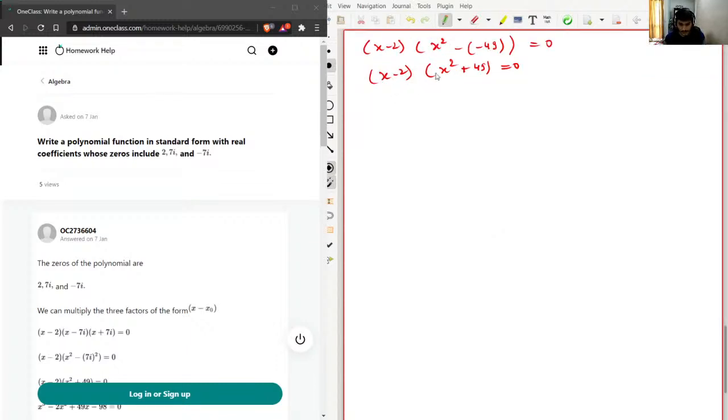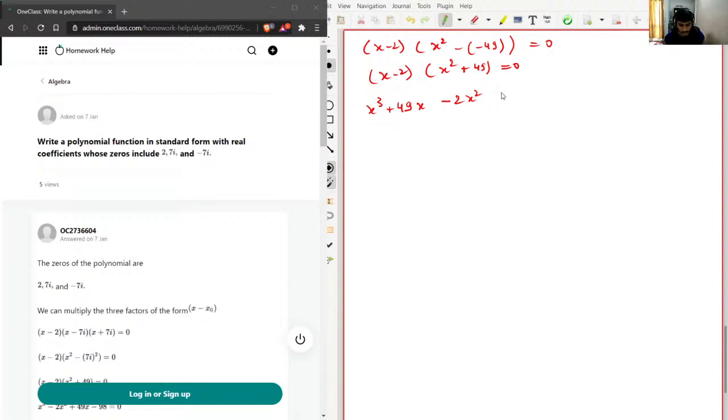Now we'll be multiplying these two terms. So first I'll multiply both of these terms with x, then negative 2. So this will become x cubed, then plus 49x, minus 2x square, and then 49 times 2, that is 98.